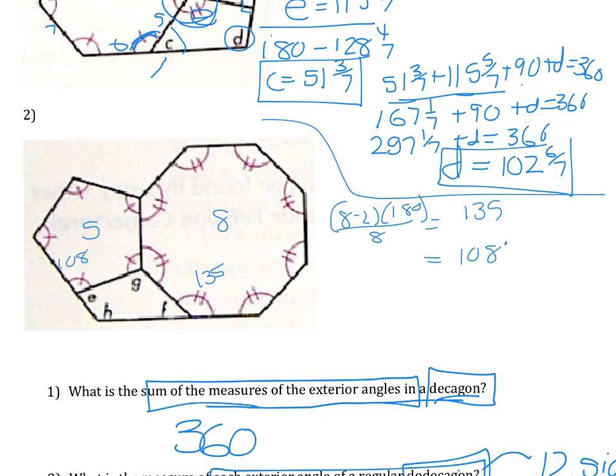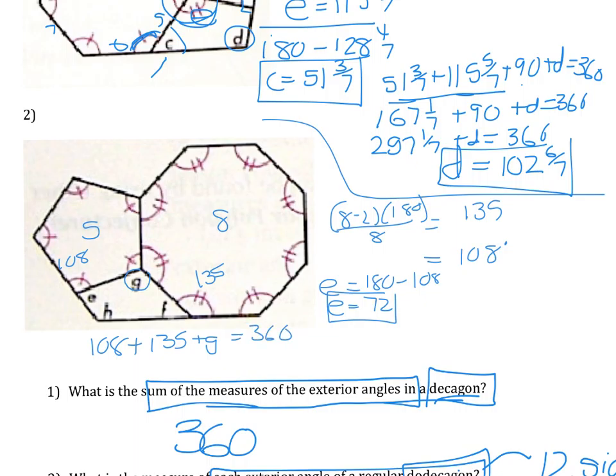So from that I can find E. E is going to be 180 minus 108. So E is 72. I can find G because G is going to be 108 plus 135 plus G equals 360.